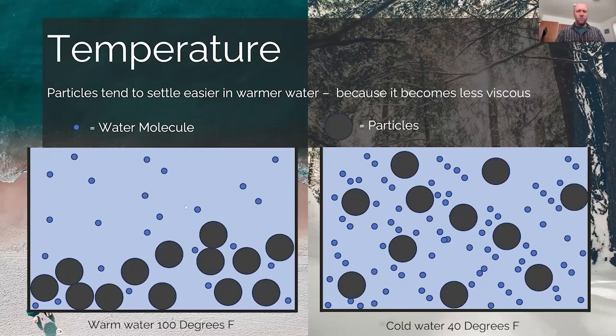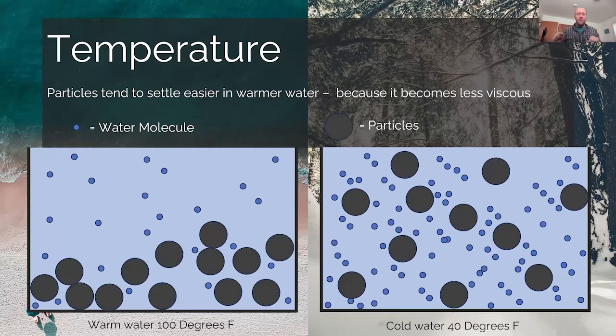You see in warm water, all these little water molecules are further apart because they're hotter, there's more energy in them. All the molecules, all the atoms in them are doing a lot more of doing a little dance, and so they're pushing away each other a lot more than colder water.